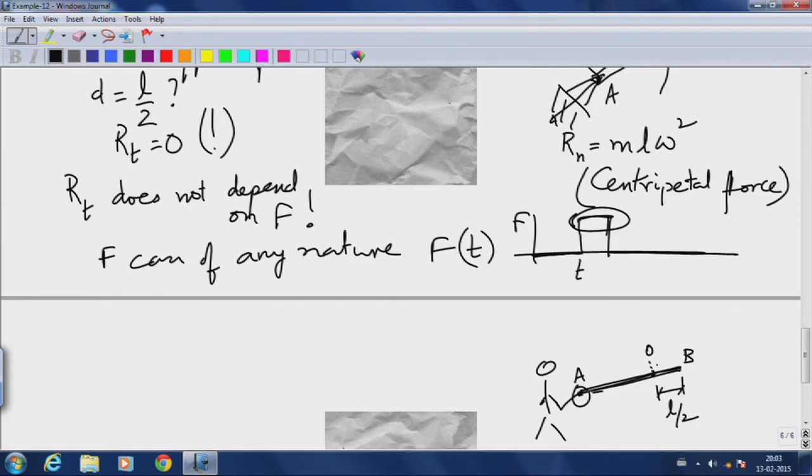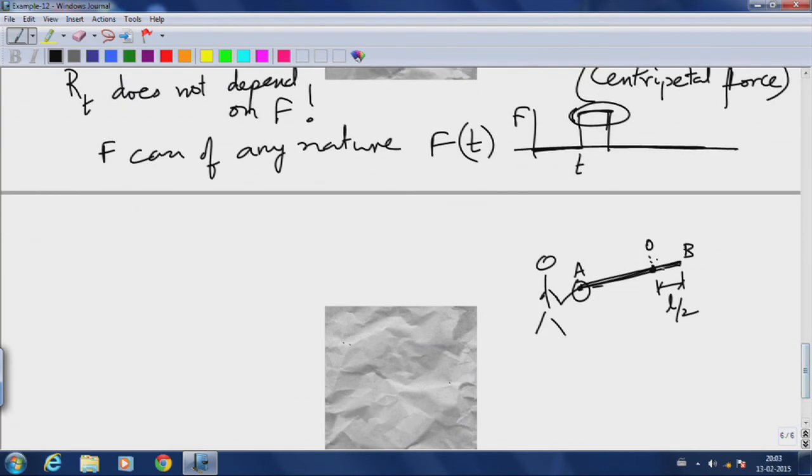So, in other words, if the ball exactly hit this point, I would not feel the ball hitting my racket or cricket bat at all. That is what we usually refer to as the sweet spot.